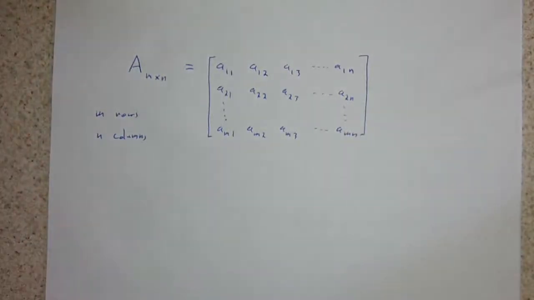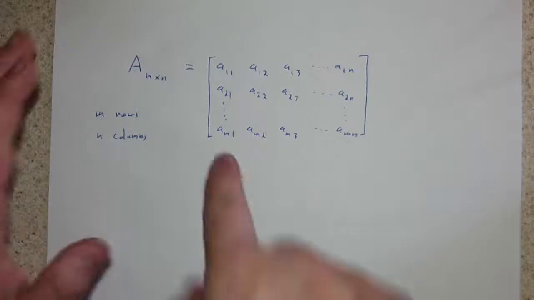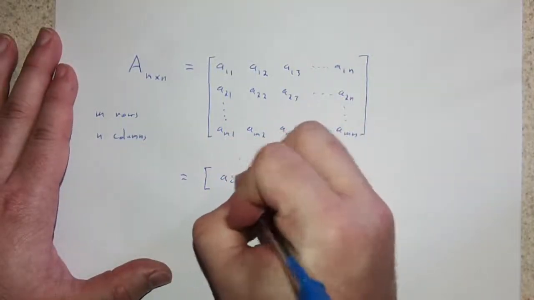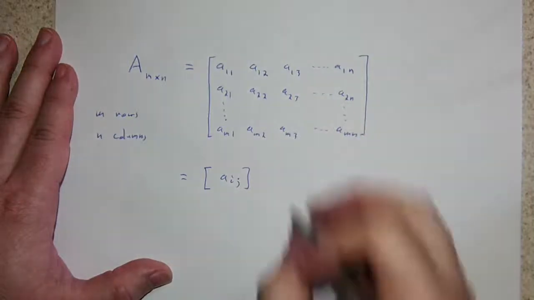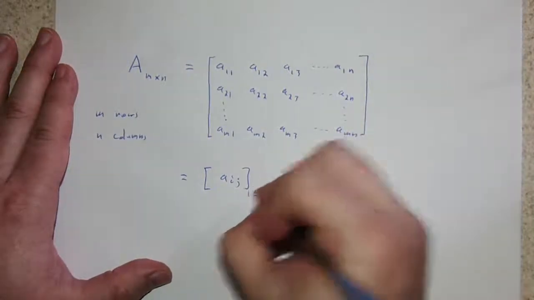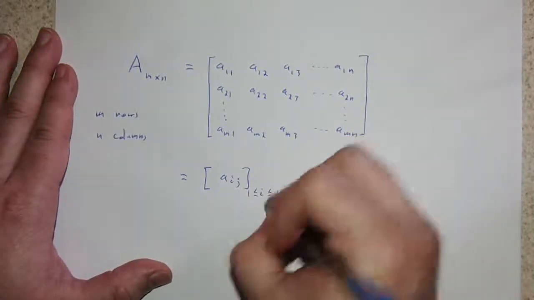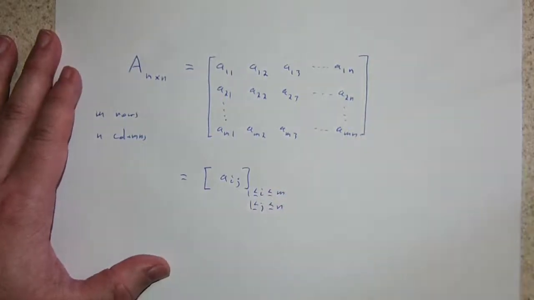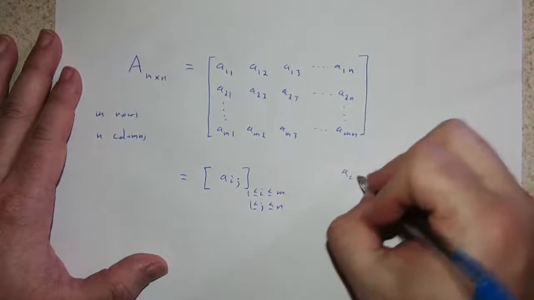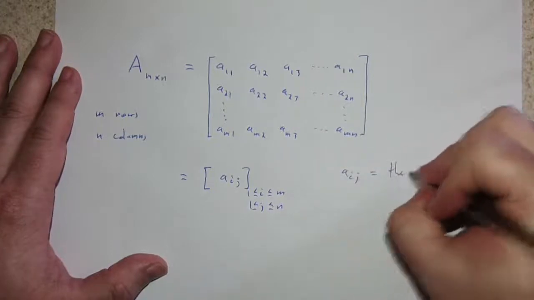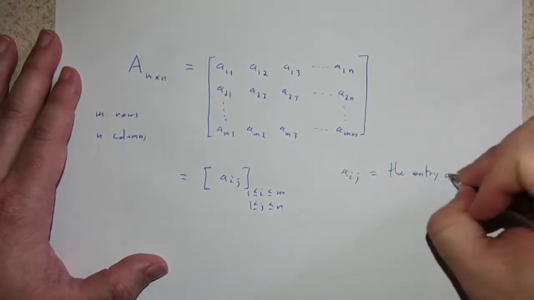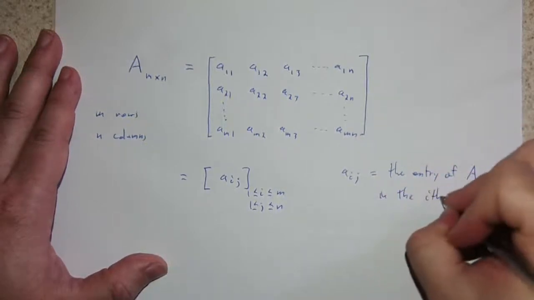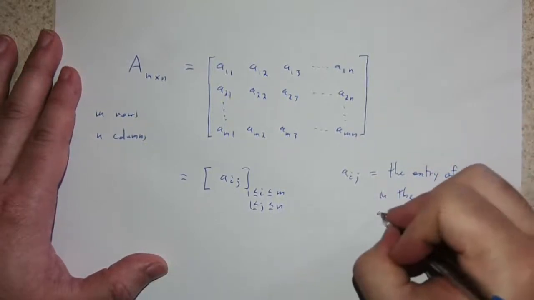This would be how I write my matrix. Another, equivalent way of writing it is A sub ij, where i goes from 1 to m, and j goes from 1 to n. So A sub ij is the entry of A in the ith row and jth column.